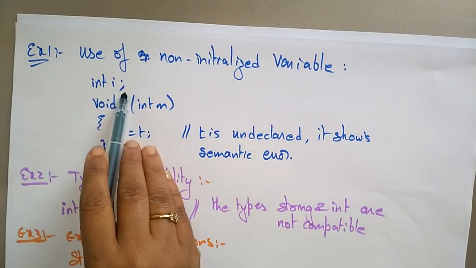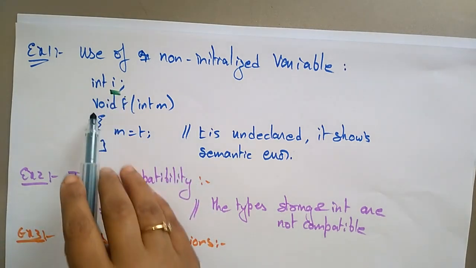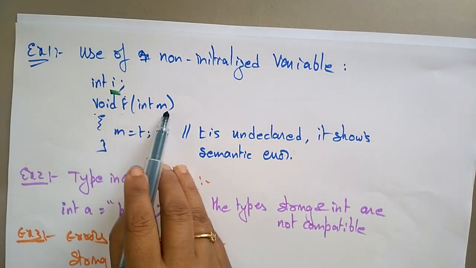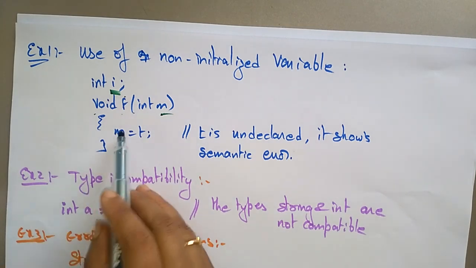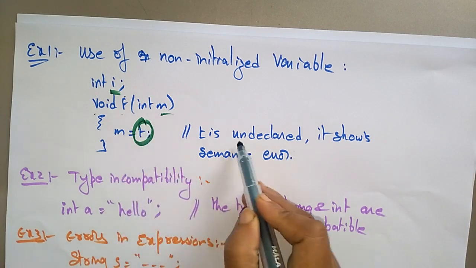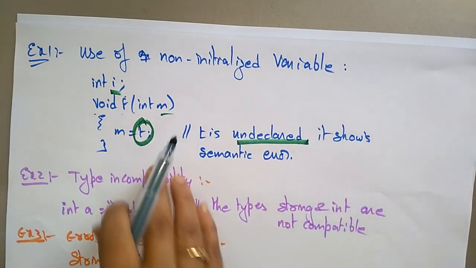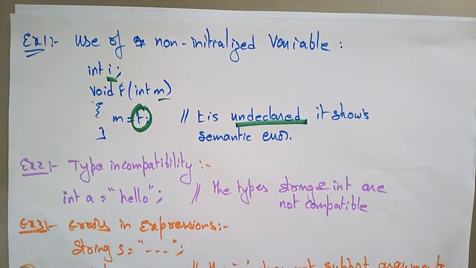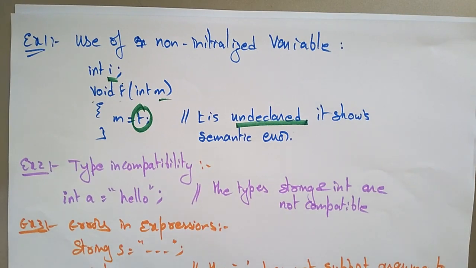Here see, int i is declared, void f, int m is declared. But here I assign m is equal to t, and t is undeclared. So it shows a semantic error. Whatever variables you use in the program need to be declared. If you didn't declare them, then a semantic error will occur.